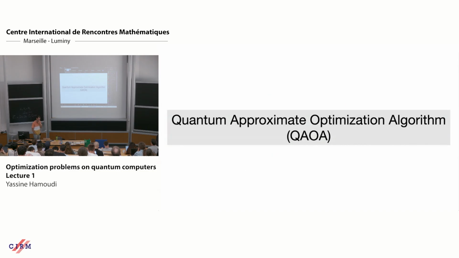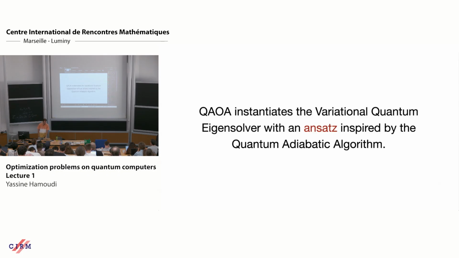Okay, so let's go to a concrete description of one particular ansatz, the QAOA ansatz. The main message is that we are going to define an ansatz which is inspired by the adiabatic algorithm. So we will use the ideas developed in the adiabatic algorithm to define what a plausible ansatz could look like.